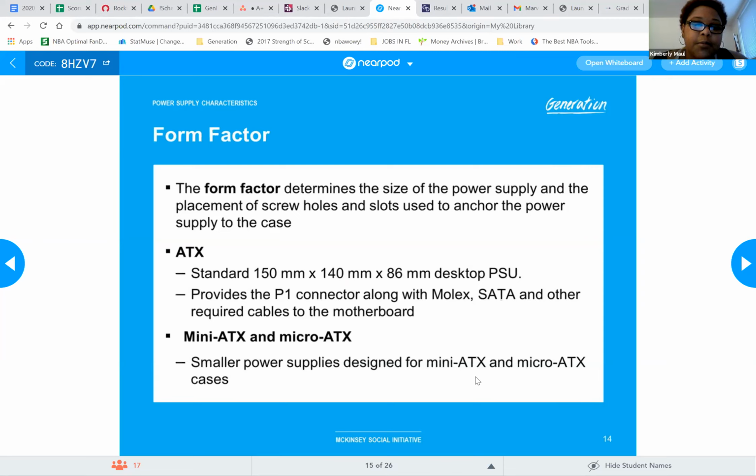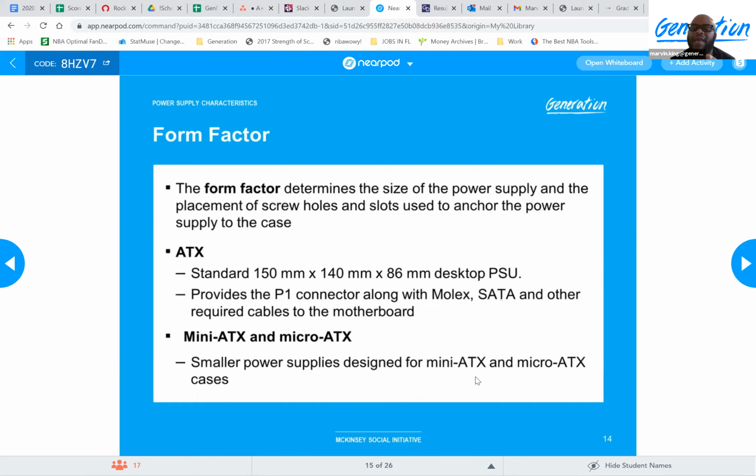The desktop power supply unit provides a P1 connector along with Molex, SATA, and other required cables to the motherboard. Mini ATX and micro ATX are small power supplies designed for mini ATX and micro ATX cases. Thank you, ma'am.